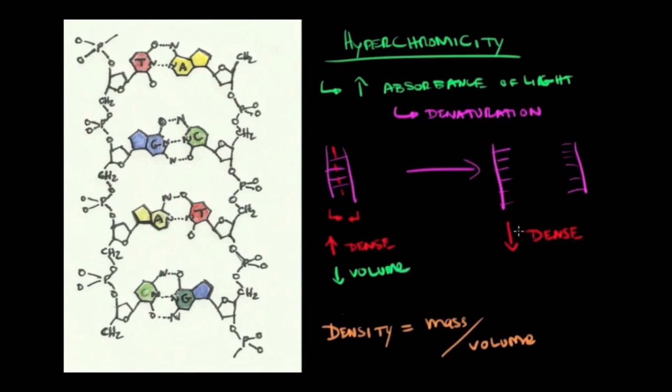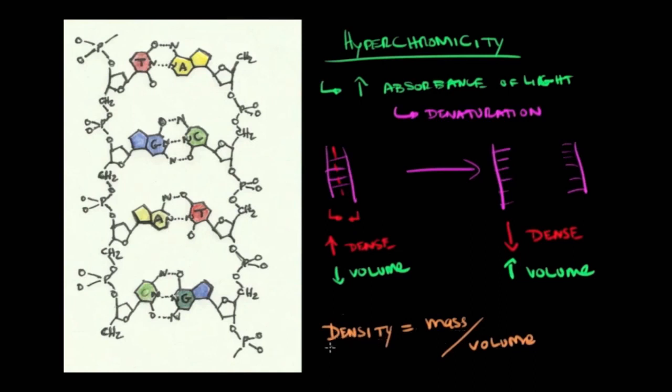And in order to decrease my density, I have to increase my volume. So to decrease density, I increase my volume. Just look at the formula, very basic.